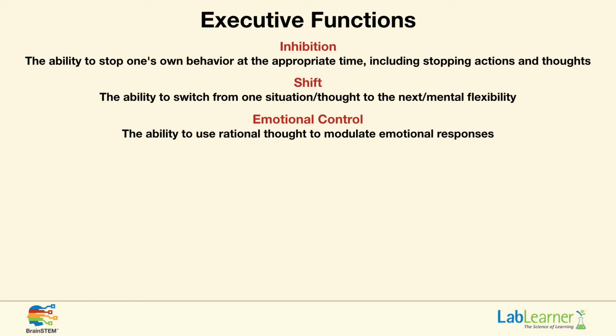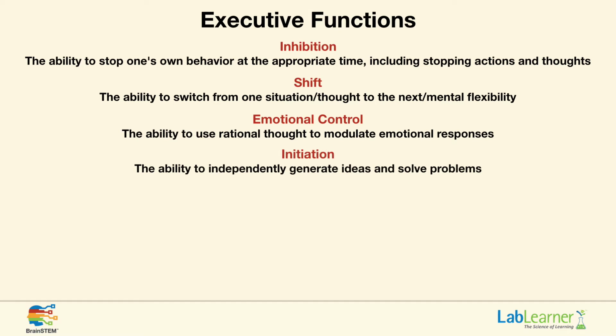And so it's hard for them to inhibit their actions, to shift from one situation to the next, and certainly to modulate their emotional responses. So keep in mind that ADHD is actually a condition that helps us define what executive functions are by some difficulties in that area.